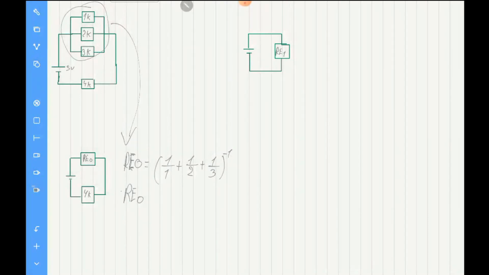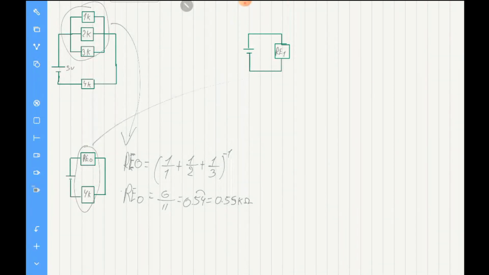The equivalent resistance here is equal to 6/11, which is equal to 0.54, which is about 0.55 kilo ohms. Next we need to calculate the equivalent resistance for the serial circuit here.